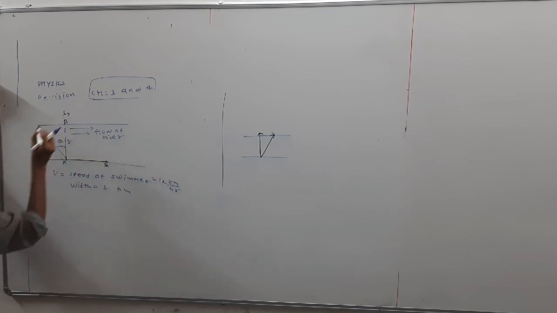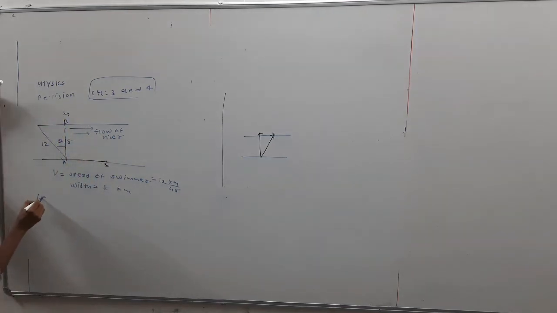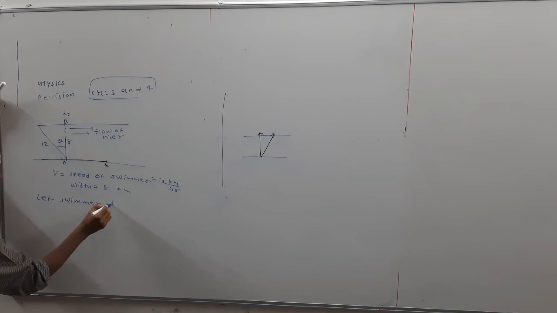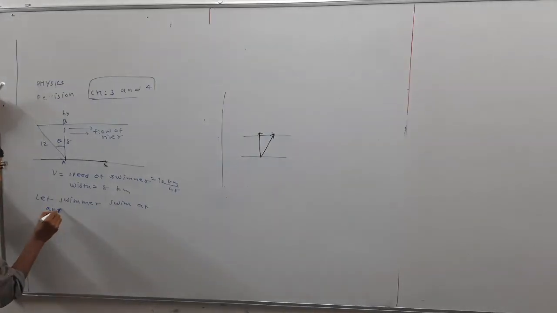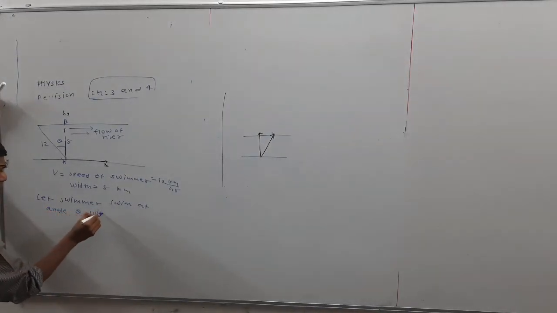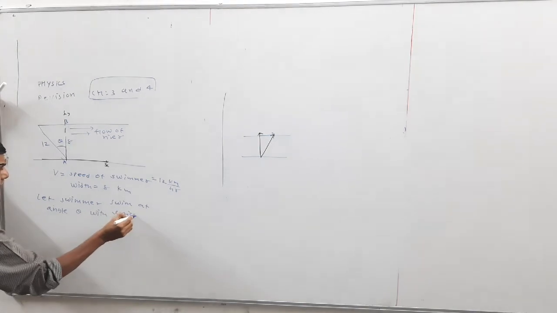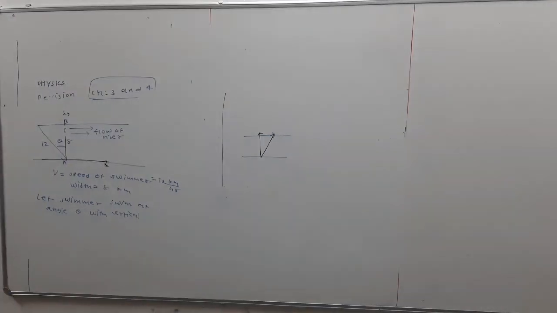Let the swimmer swim at angle theta with the water. This is the flow, and the width of the river is 8 km.